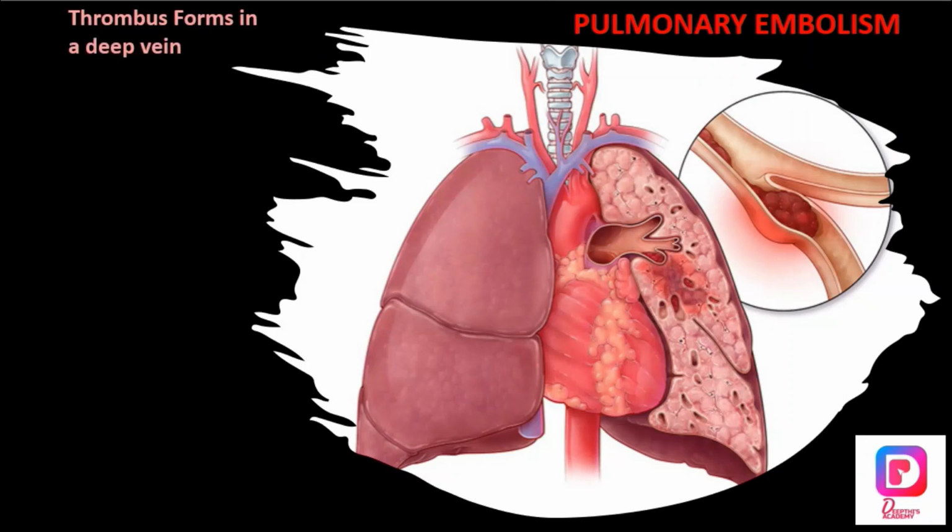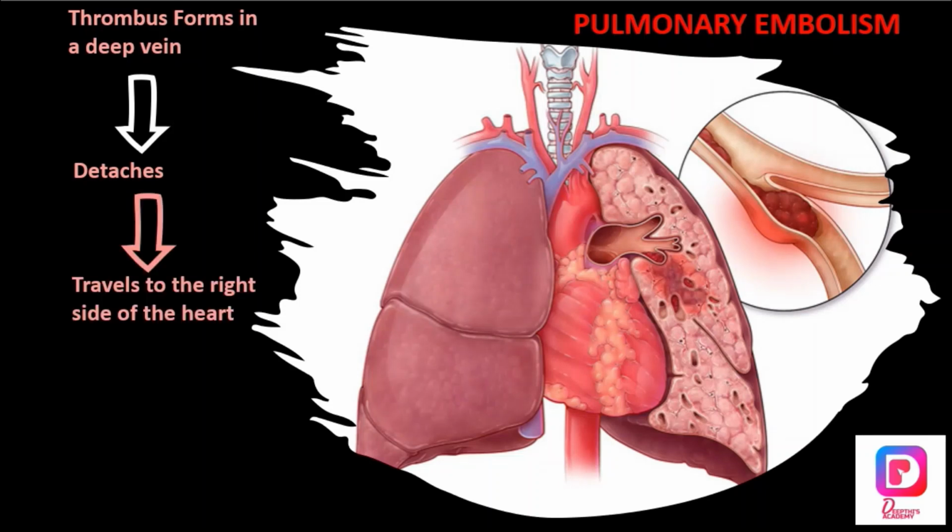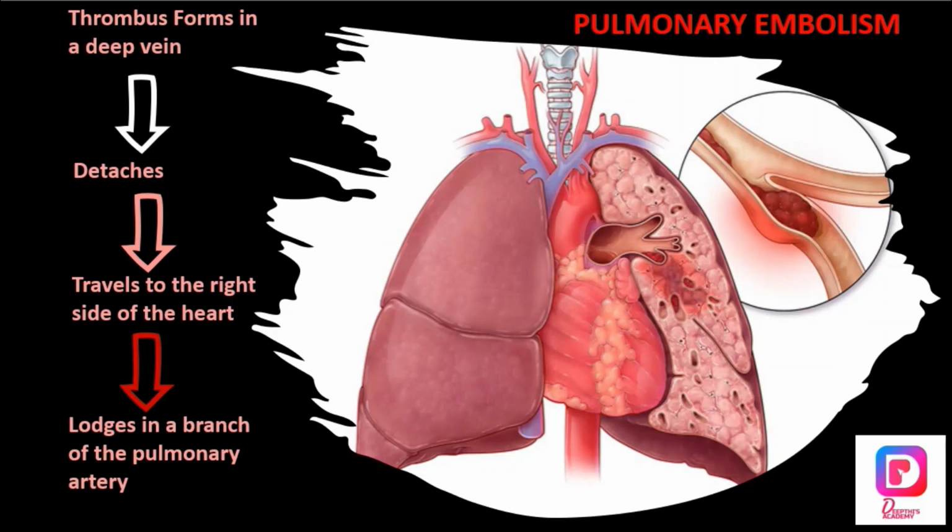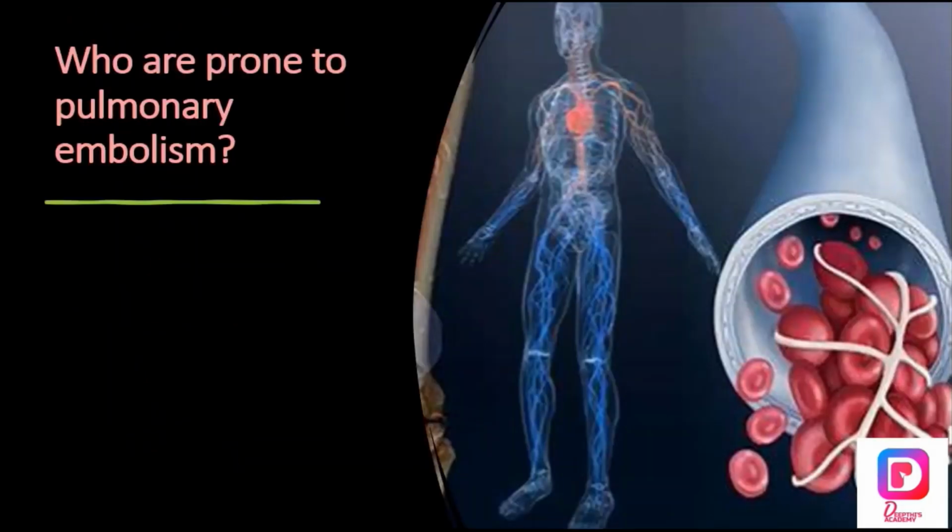Pulmonary embolism occurs when a thrombus forms, most commonly in a deep vein, detaches, travels to the right side of the heart, and then lodges in a branch of the pulmonary artery. Who are prone to pulmonary embolism?